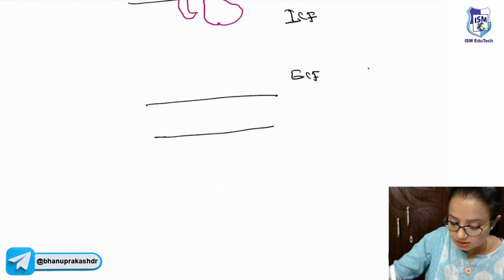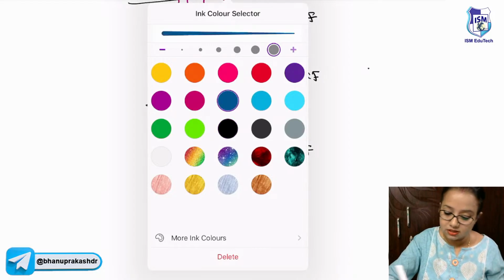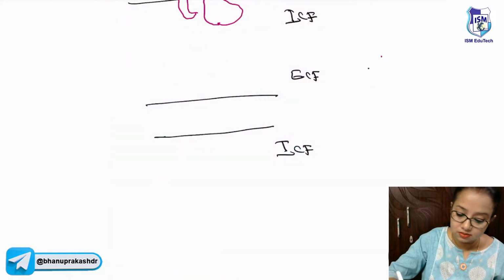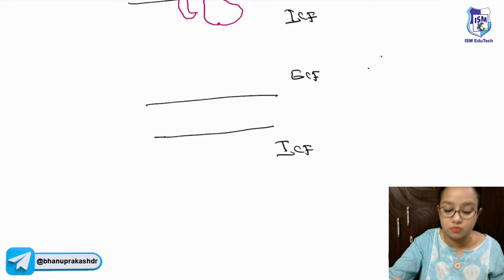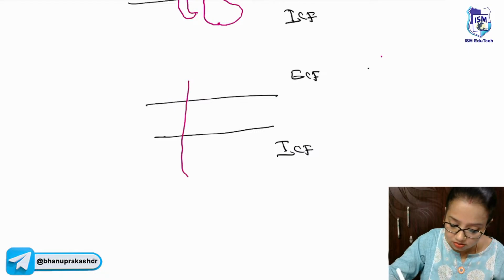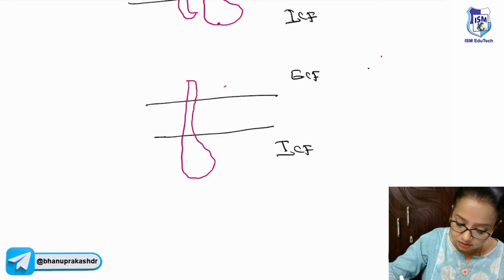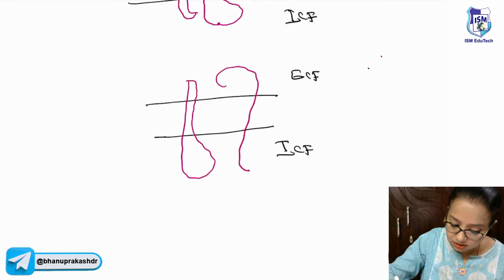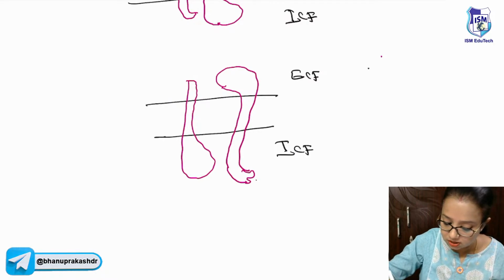again ECF and ICF, after the change in configuration, here you see there will be a certain flip-flop, and there will be diffusion via the carrier protein.